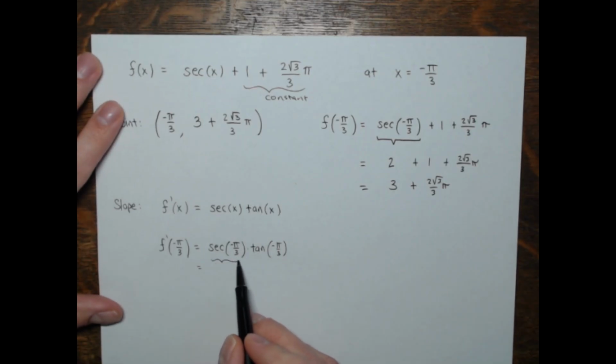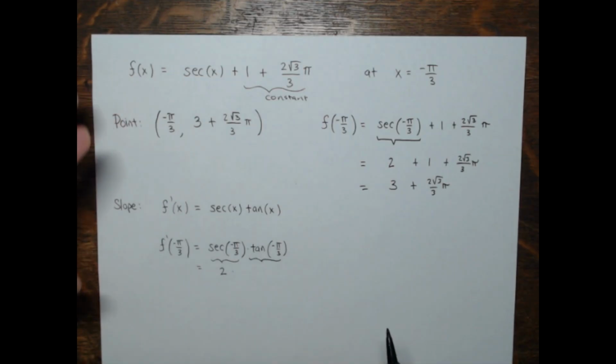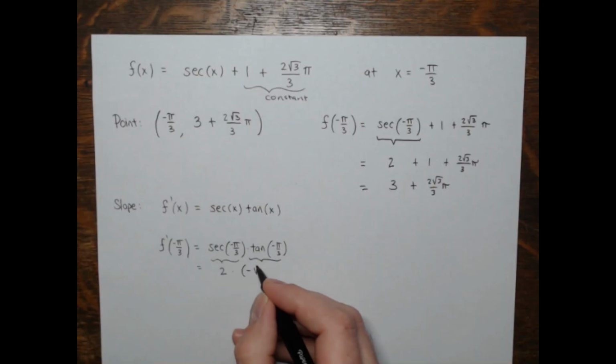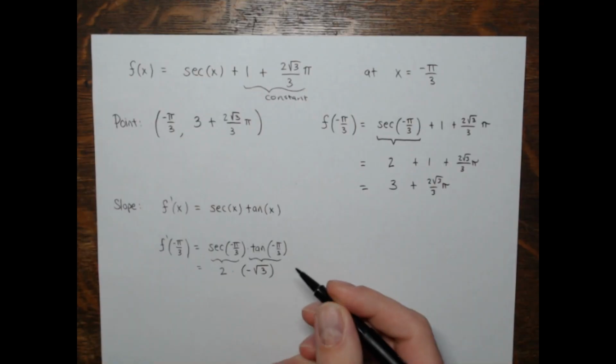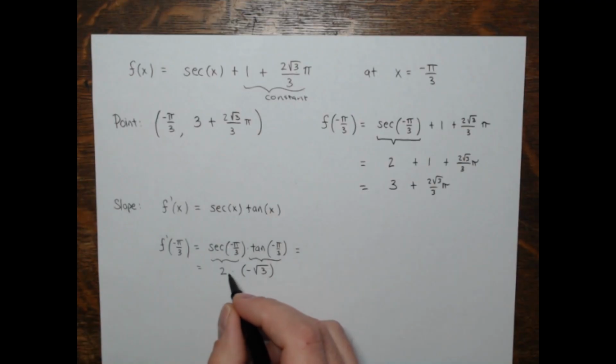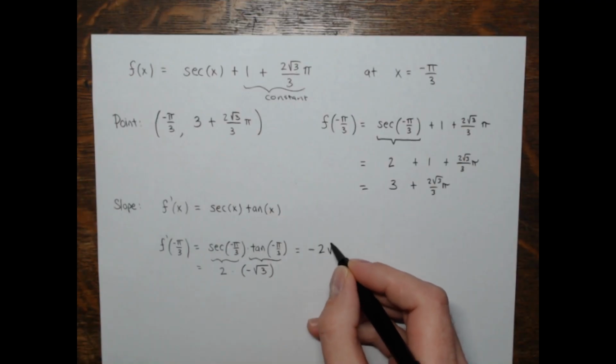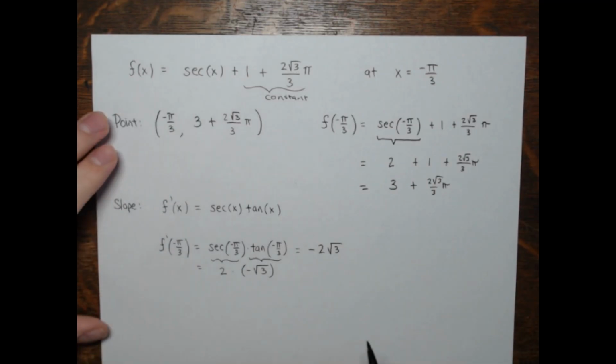Now the tangent: remember the sine of negative pi over 3 would be negative root 3 over 2. Cosine is half. Divide sine by cosine; dividing by a half is multiplying by 2. That's negative square root of 3, the tangent of negative 60 degrees or negative pi over 3. So our slope is 2 times negative root 3, negative 2 root 3.